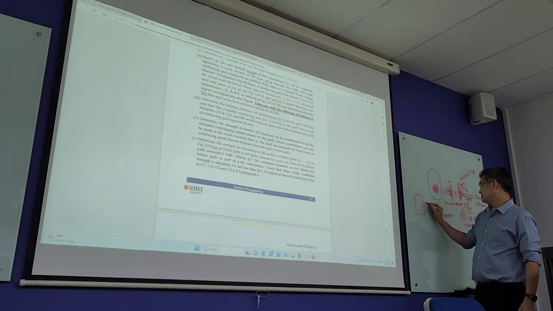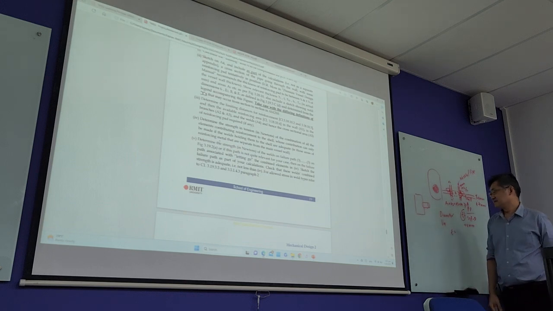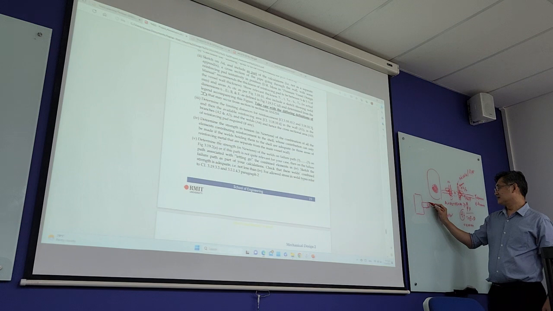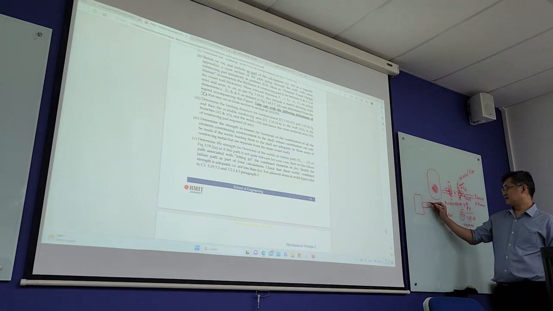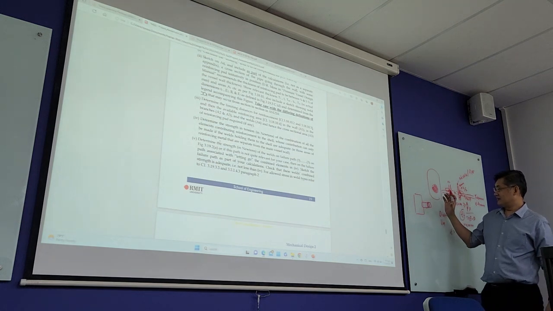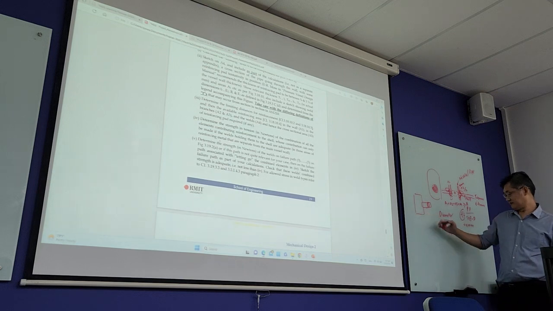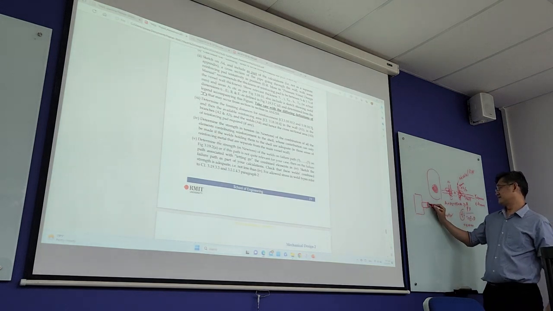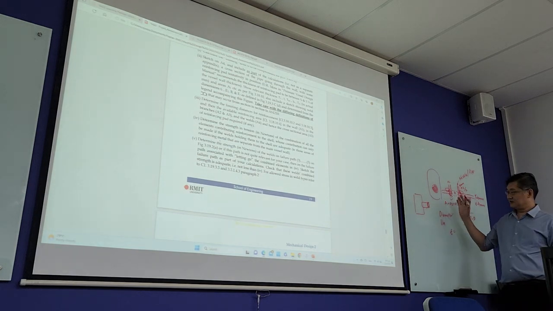Let's say you insert a nozzle for the manhole. Then in this case you need to cover. This is a flange, you have to find a flange able to cover the nozzle. And this flange will have the bolt, the bolt and the gasket.